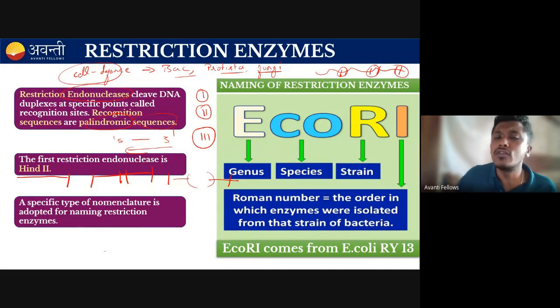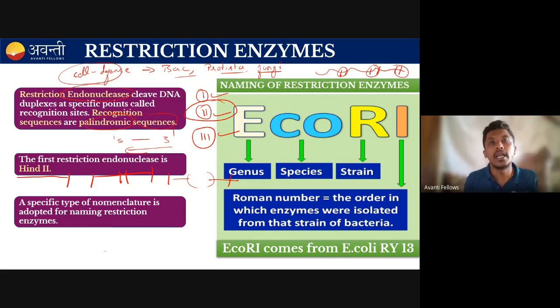In endonucleases, we have three types: type 1, type 2, type 3. The major type that we use for genetic engineering is type 2 restriction enzyme. Remember this. Type 2 endonuclease is used to the maximum extent. The reason is it is highly accurate and highly efficient in identifying the sequences and in cleaving the sequences to our requirement. And what are type 1 and type 3?